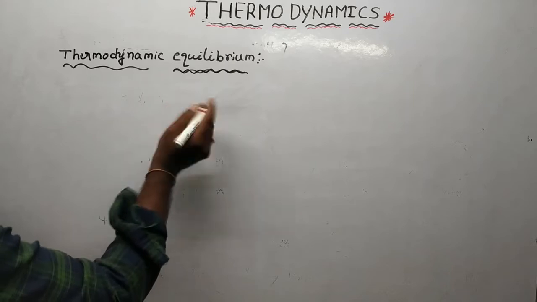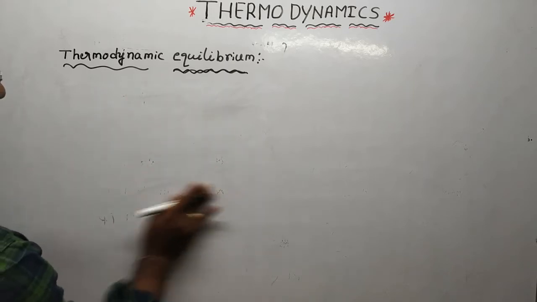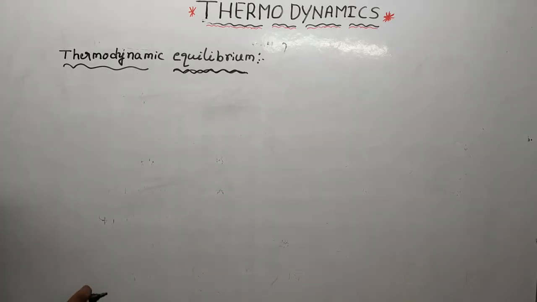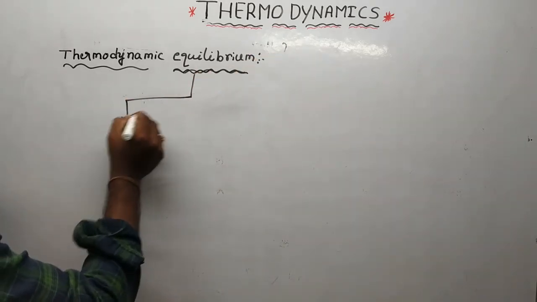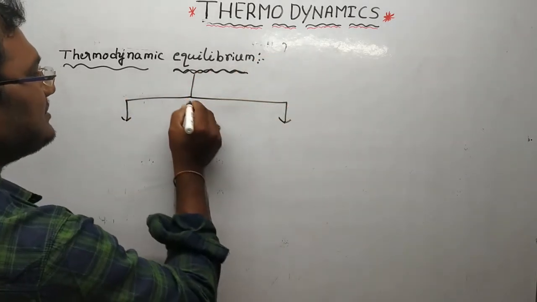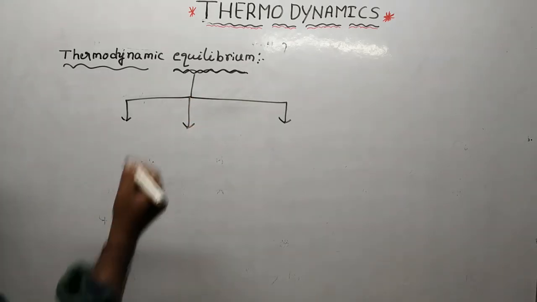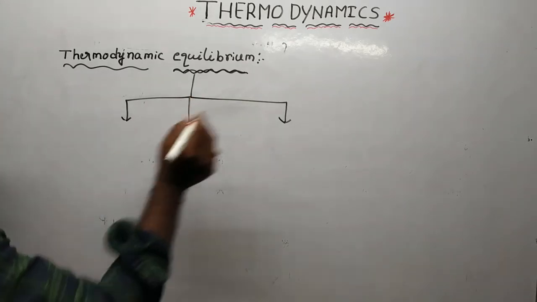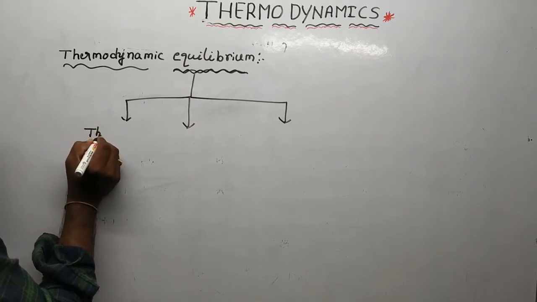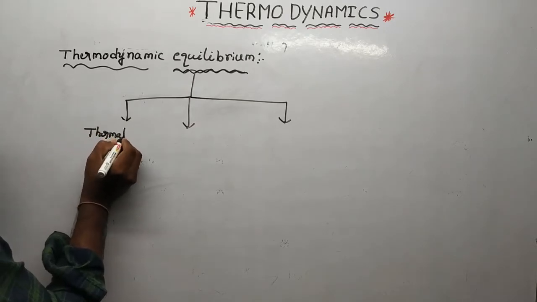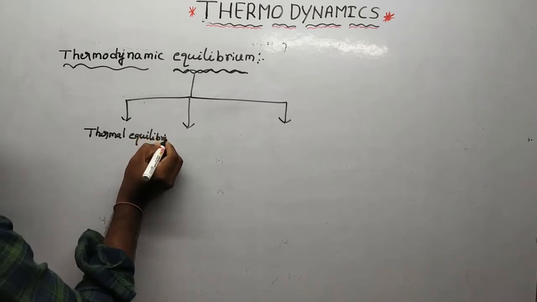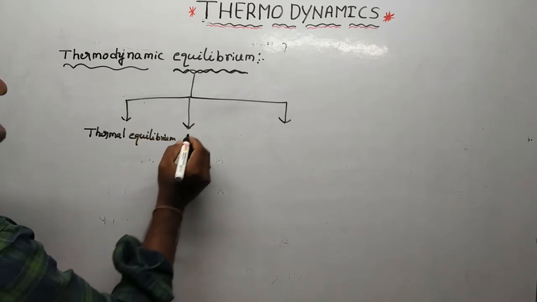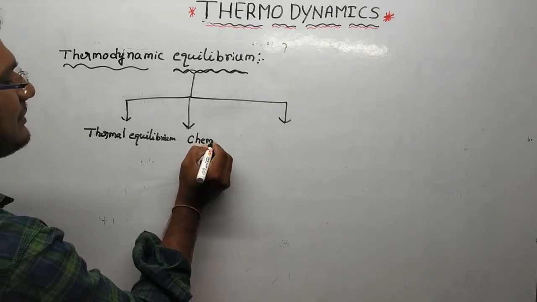But here, thermodynamic equilibrium: we define the thermodynamic equilibrium as follows. There are 3 types of equilibrium in thermodynamics. First one is thermal equilibrium. Next one is chemical equilibrium.